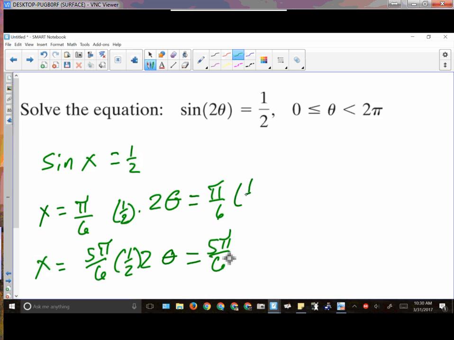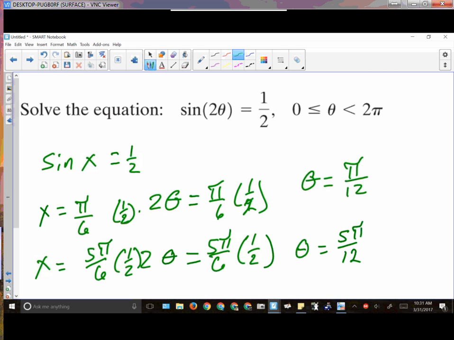So we're 1 over 2 here and 1 over 2 here. Is that better? Not much, but it gets you there. So theta would end up having to be pi over 12. Theta would have to be equal to 5 pi over 12.